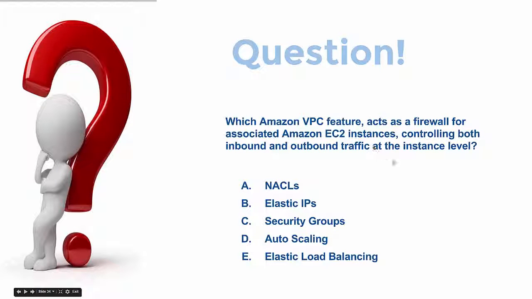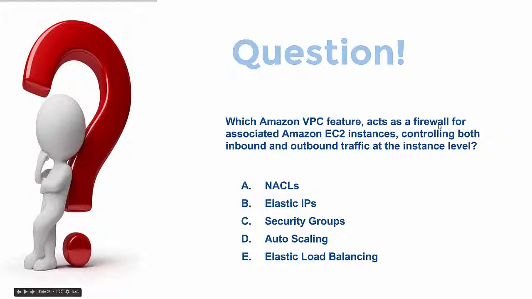Okay, now this is, excuse me, the sort of question you can expect on the exam. And the question is, which Amazon VPC feature acts as a firewall for associated Amazon EC2 instances, controlling both inbound and outbound traffic at the instance level? So, the hint here is it's going to be NACL or security groups, which we just talked about.